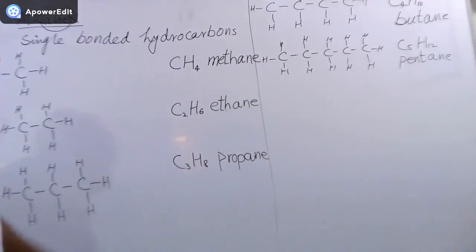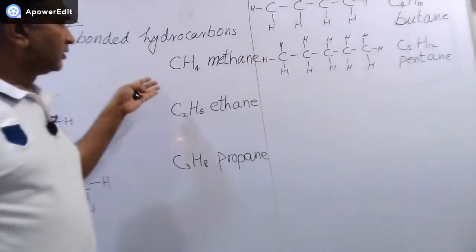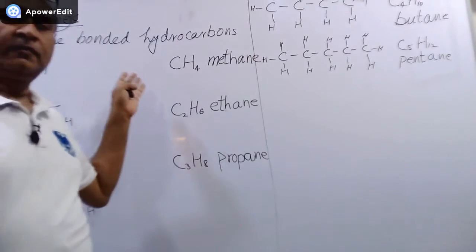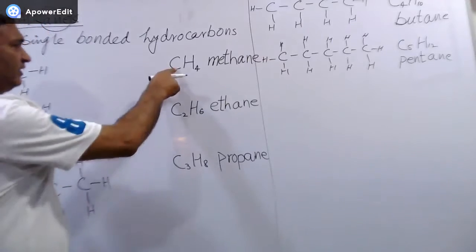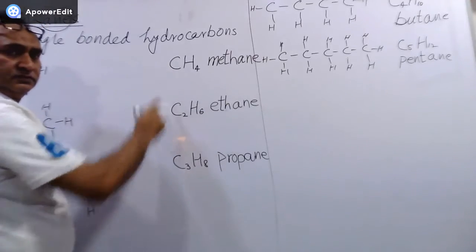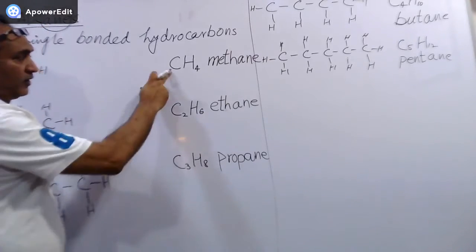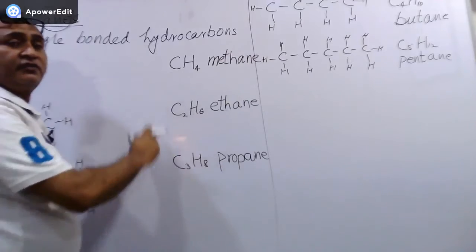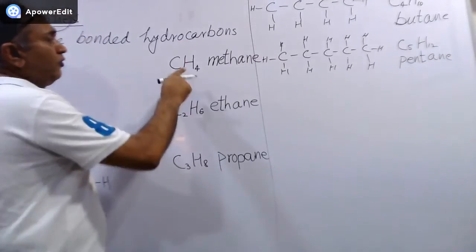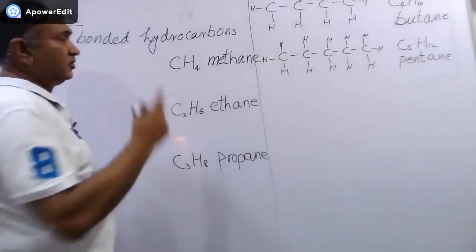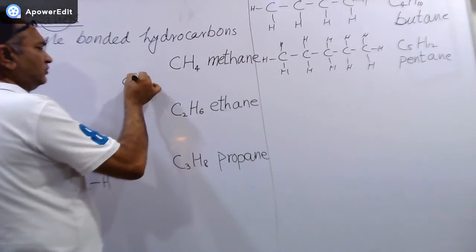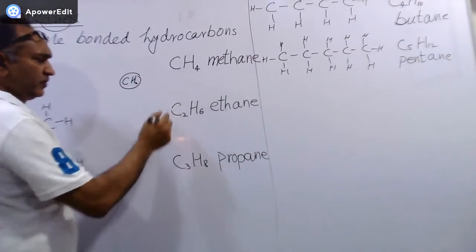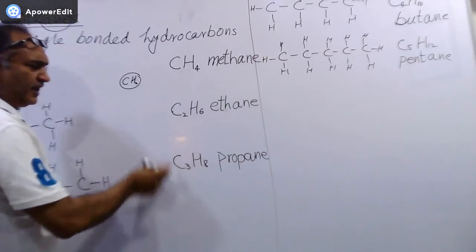Now let's see something different mathematically. What is the difference in these two? 1 carbon, 2 carbons. Obviously, there is a difference of 1 carbon. And what is the difference in hydrogens? 2. So the difference is CH2 between these two. What is the difference in the next two?